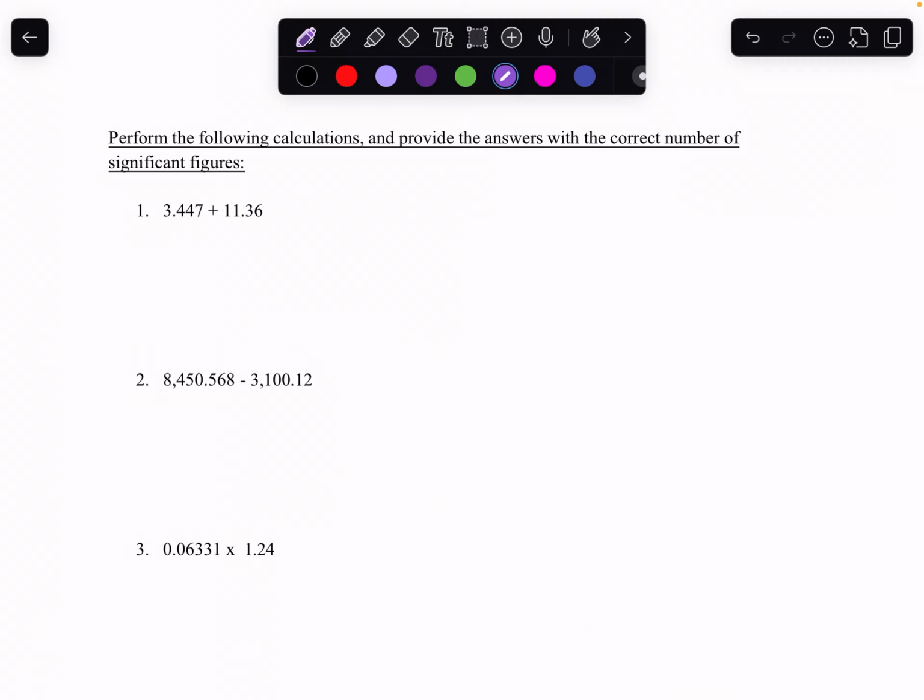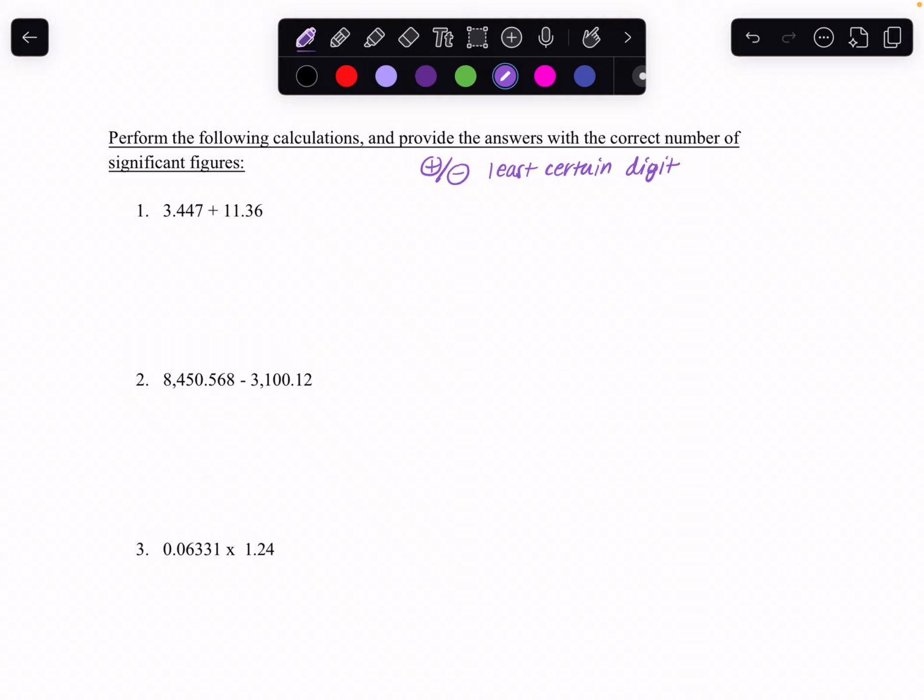I do want to review the rules, okay, for math and sig figs. The general idea is that we categorize them, right? So if we're doing addition or subtraction, we're looking for the least certain digit in the number that we're working with. So least certain digit, you can also think of this, if you have decimal points as, how many decimal points do I have?